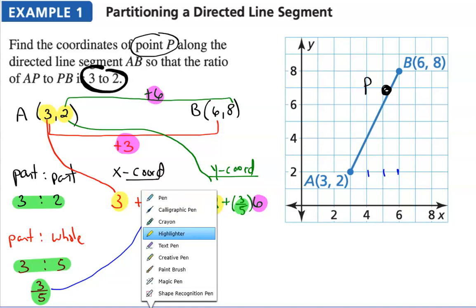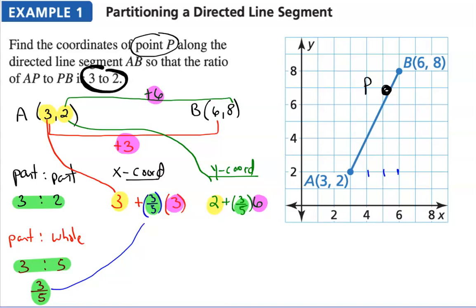Once you do this little calculation, 3 plus 3/5 times 3 is 3 plus 9/5, or 3 plus 1 4/5, or 1.8. So 4.8 is going to be the x-coordinate of P. And for the y, this is 2 plus 18/5, or 2 plus, if I convert this into a decimal, 3 3/5, or 3.6.